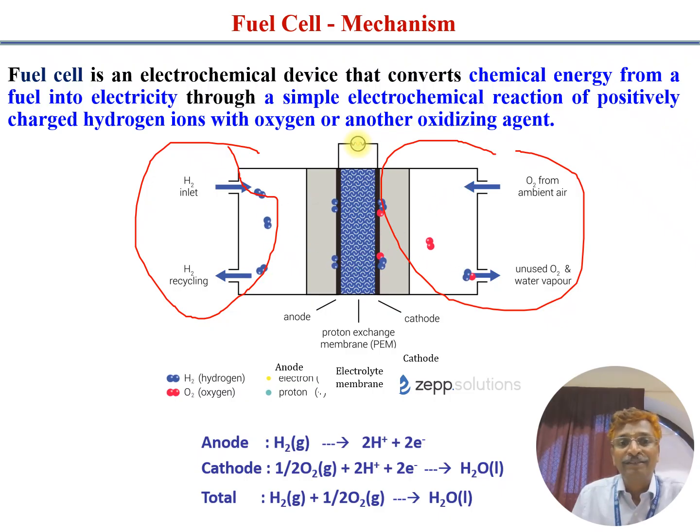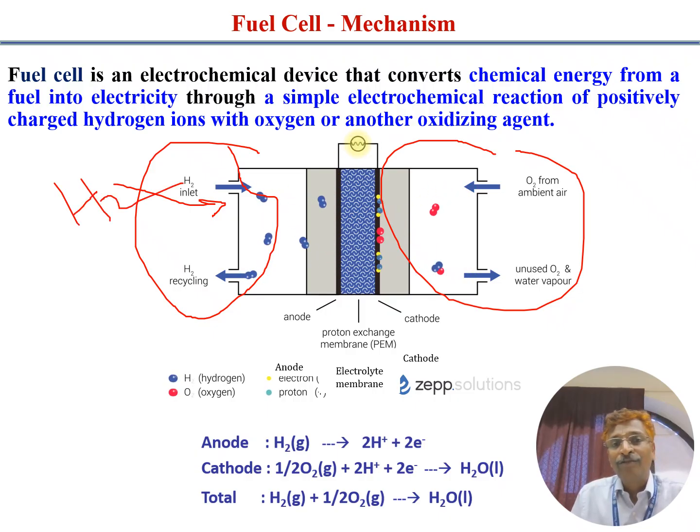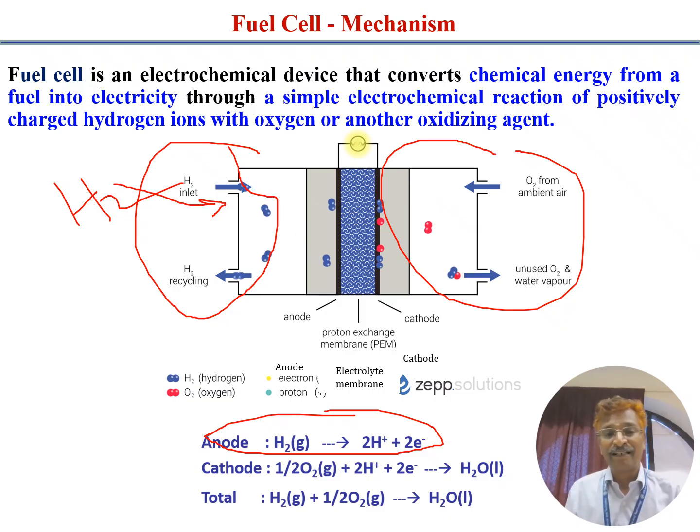That means if you are passing hydrogen gas, H2, in the presence of a platinum catalyst, this hydrogen gas is split into H plus and electrons. Look at the reaction at the anode: hydrogen gas is split into H plus and electrons. These electrons flow through the external circuit to produce electricity.